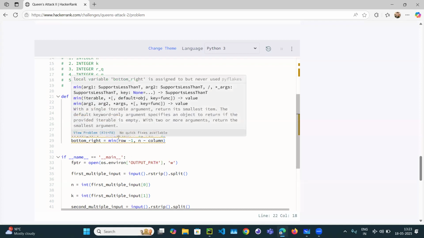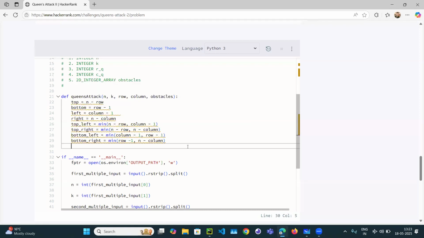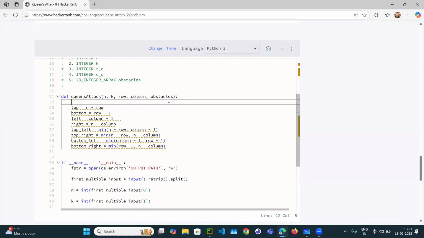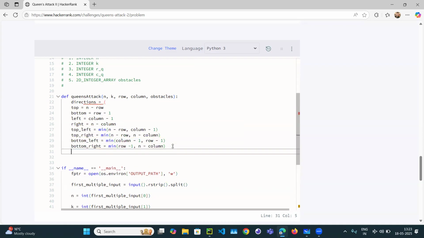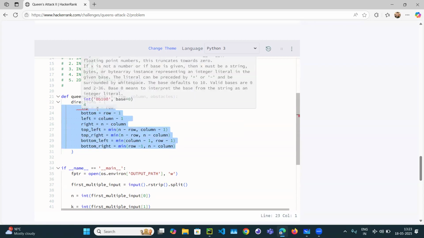Now you need to update these variables. Let's create a dictionary with some directions, and I can place all these variables in the dictionary.